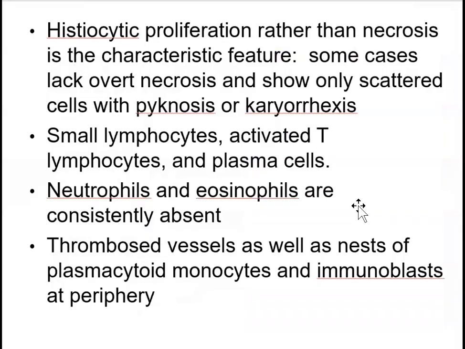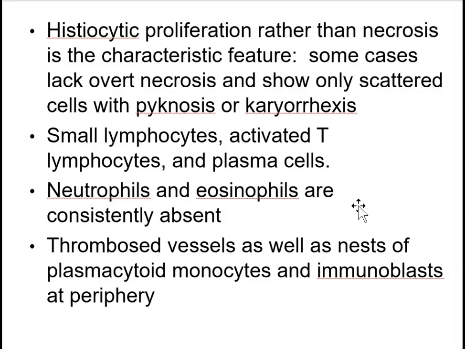The necrotizing lesions in Kikuchi lymphadenitis are due to apoptosis rather than necrosis, and instead of neutrophils, we see proliferation of histiocytes. In fact, histiocytic proliferation may be the only feature with very little or no necrotizing foci at all.